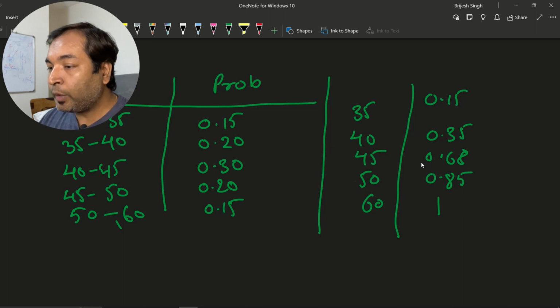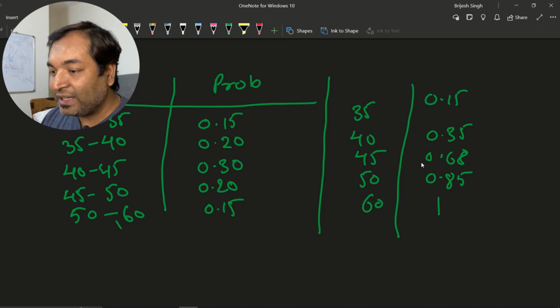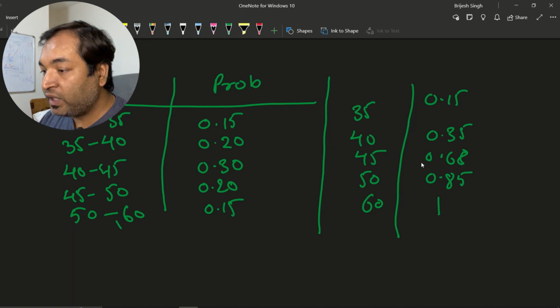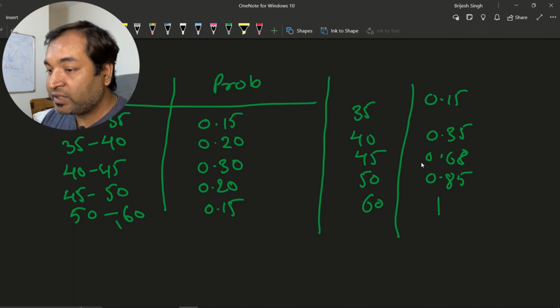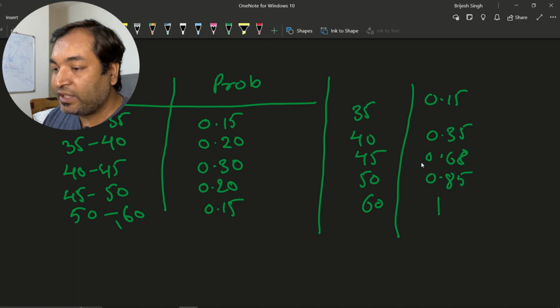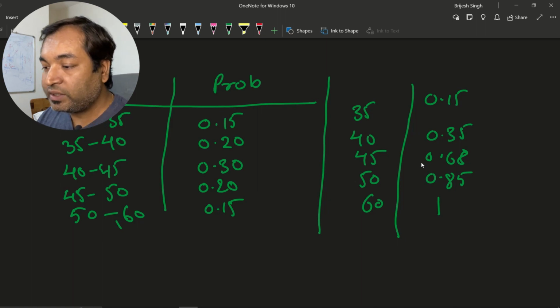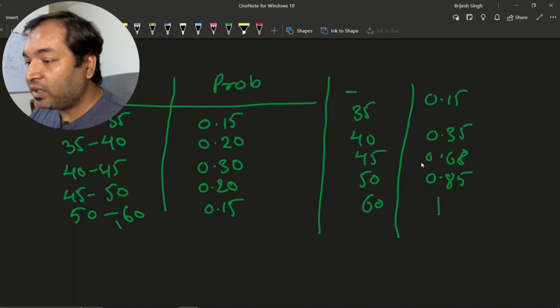In a cumulative probability, what we do is just add each and every point. So from 30 to 35 we have 0.15. For 35 to 40 we are just adding these two numbers, and similarly for the others, right? So we can get the cumulative probability.